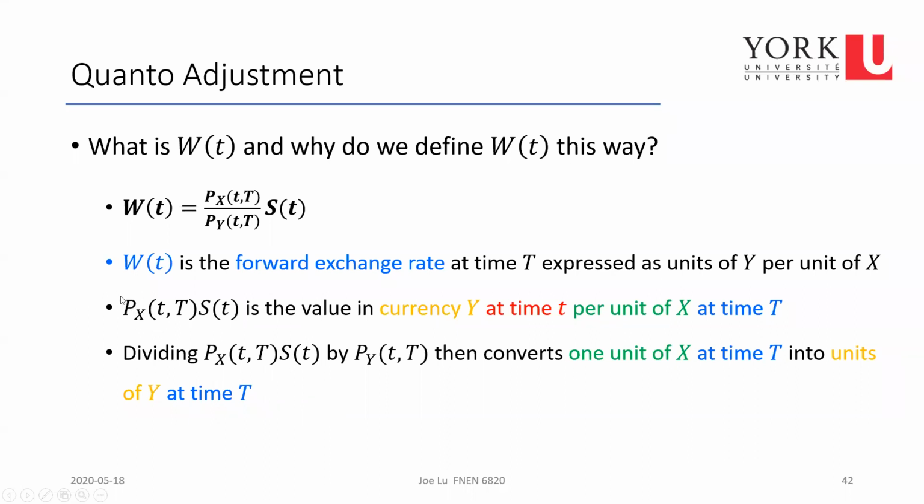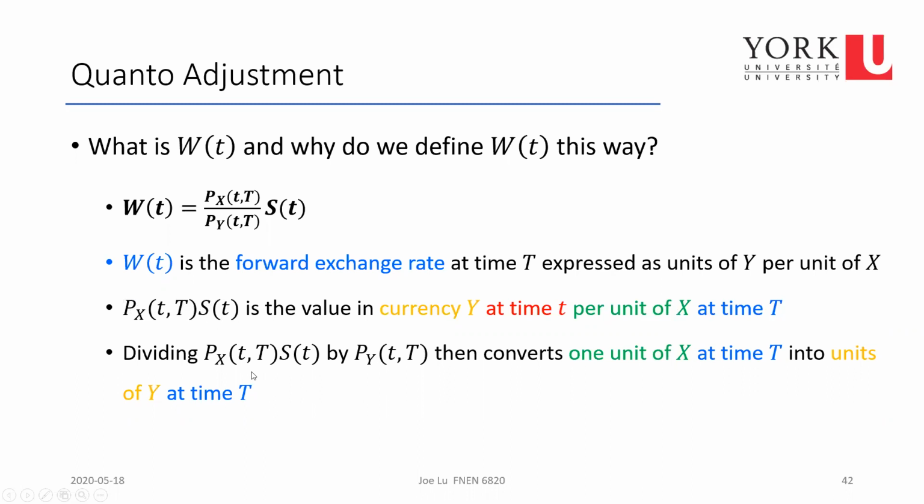So if you have $1 Canadian, you can take this discount factor. So basically $1 Canadian at time big T, you'll get through this the present value at little t of that $1 Canadian. And you can use this exchange rate to convert to US dollar at little t.